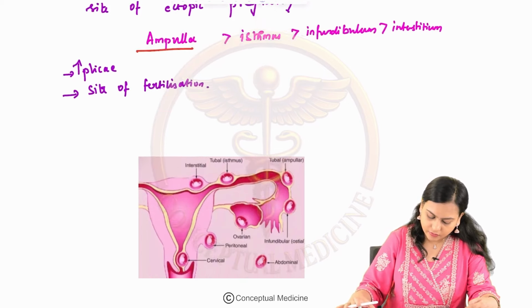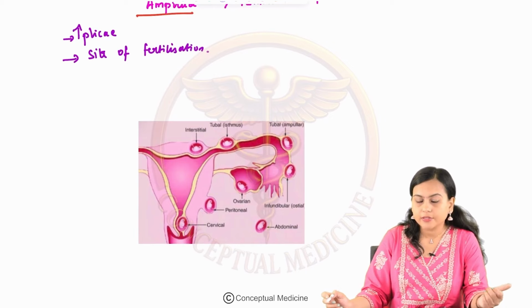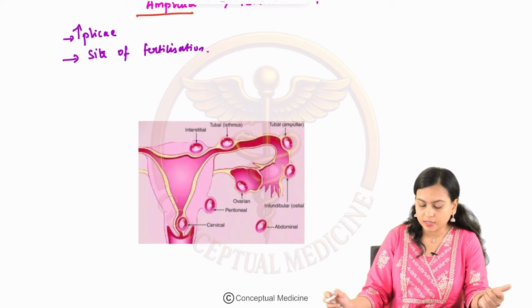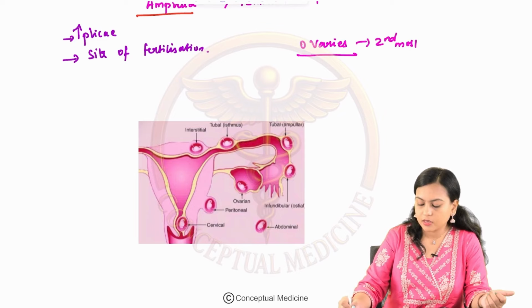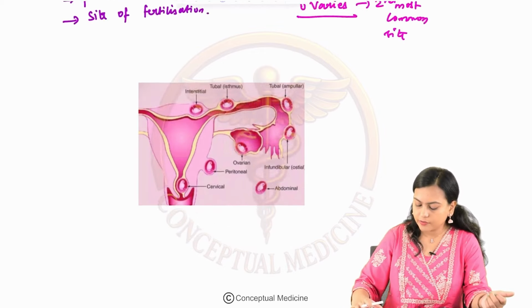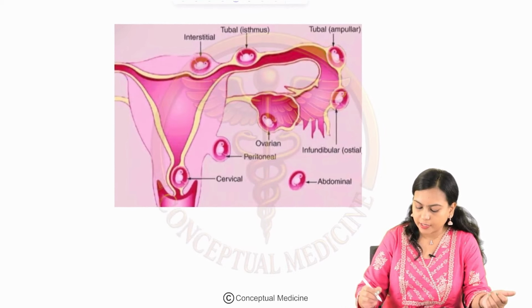And followed by the fallopian tube, which is the most common site? Yes, it is the ovaries. Ovaries are the second most common site, right? So, in this picture, we will see the various sites of ectopic pregnancy.